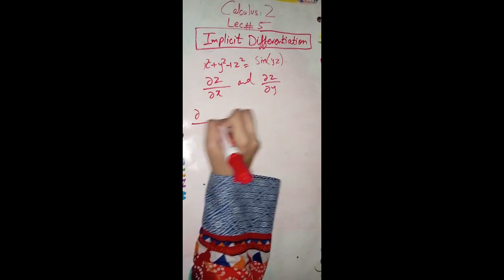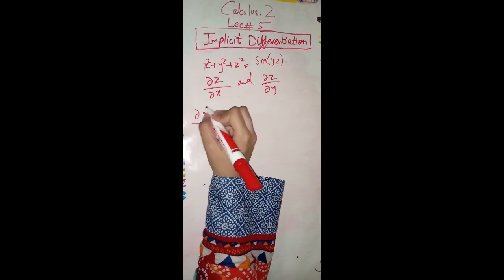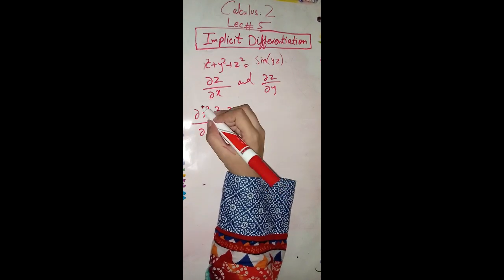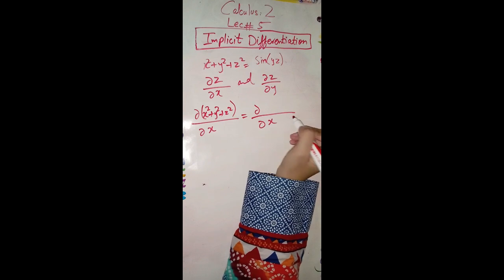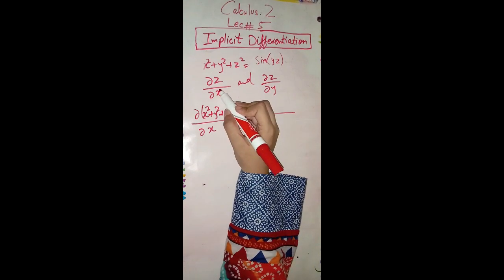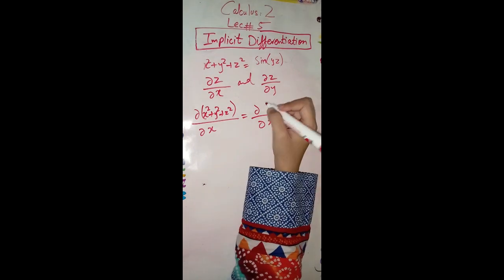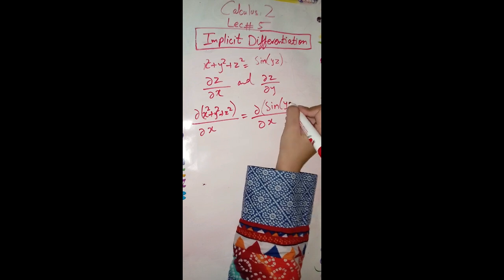So partial by partial of x of our left hand side expression, x square plus y square plus z square, is equal to partial by partial of x of our right hand side, sine of yz.